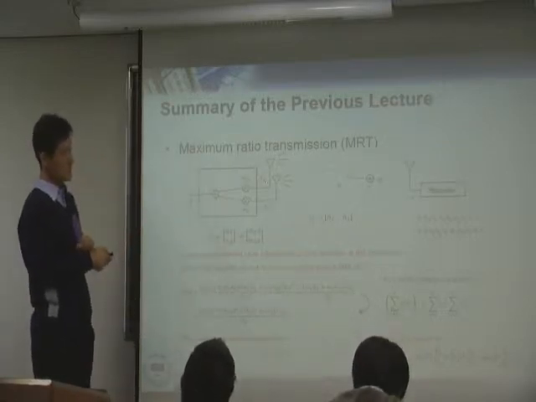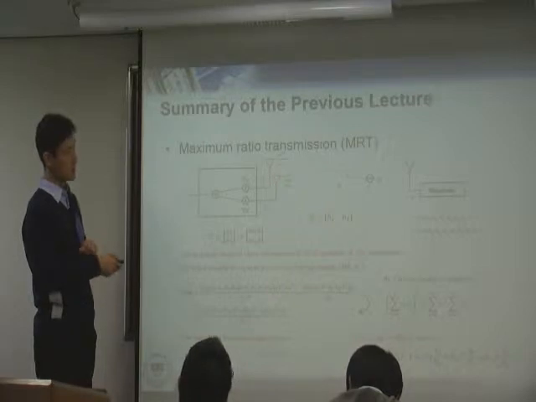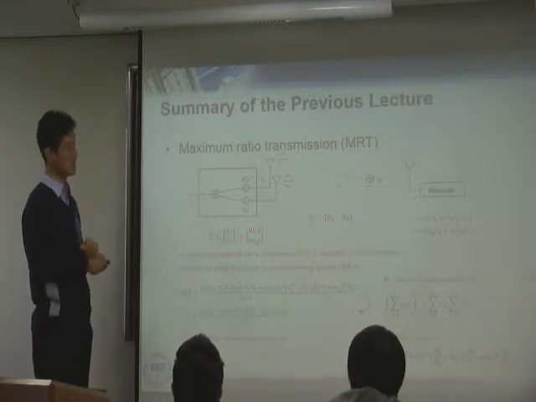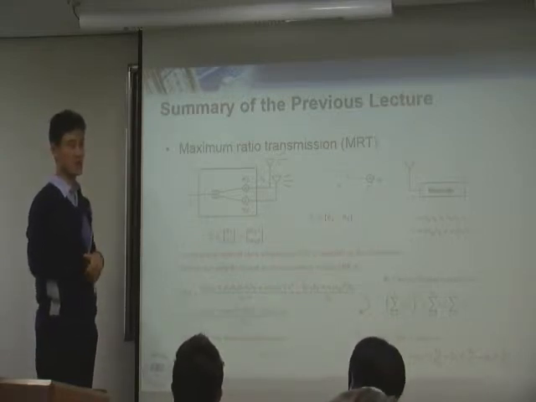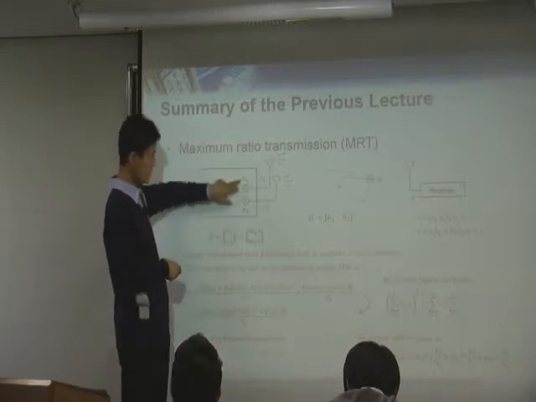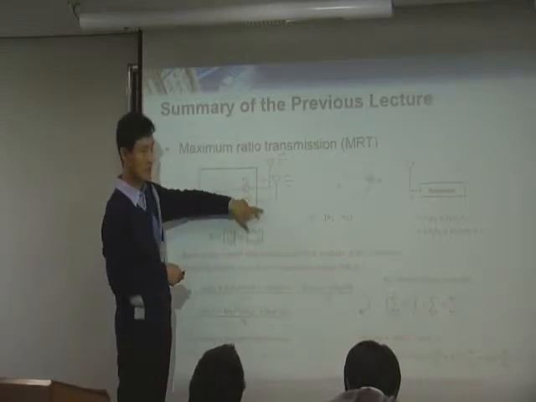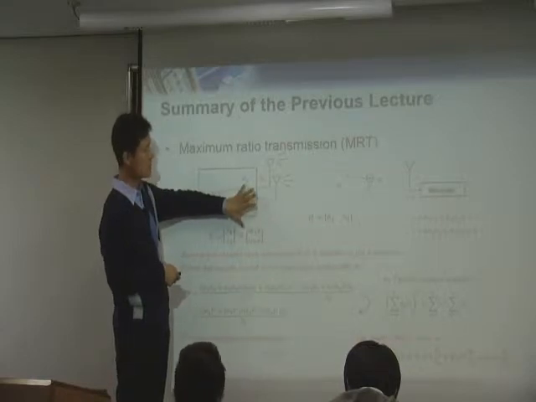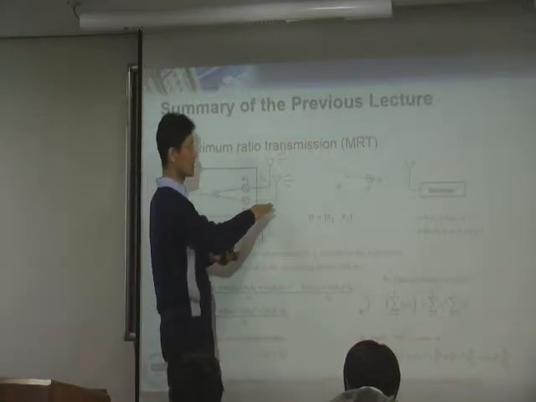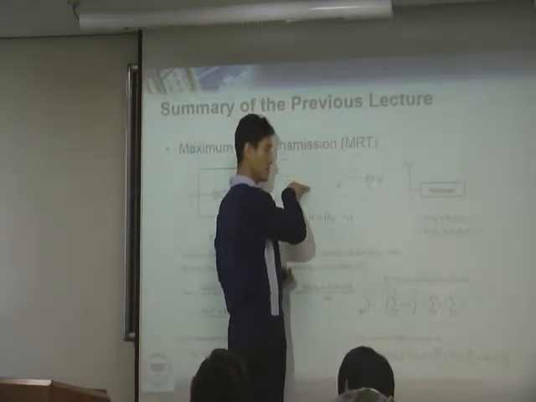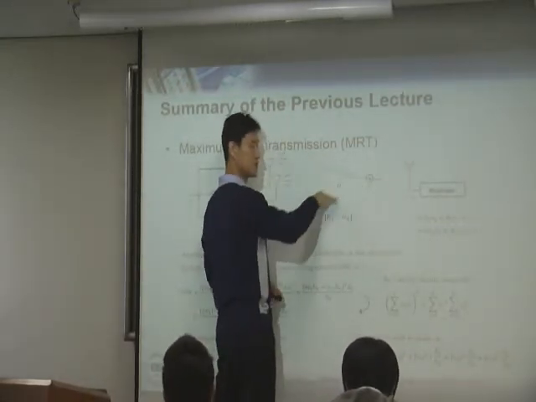Typically, when you have multiple transmit antennas and one single receive antenna, this is the case of beamforming. We call this beamforming because we have multiple antennas here and you apply a different gain for each of them. That basically means you are trying to make a certain beam, and that beam is directed towards the receiver.